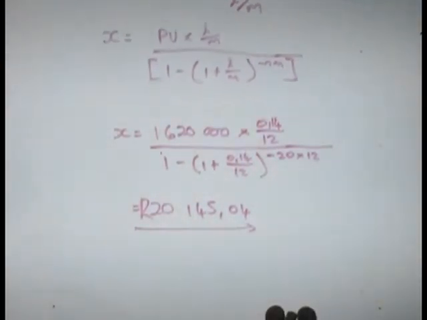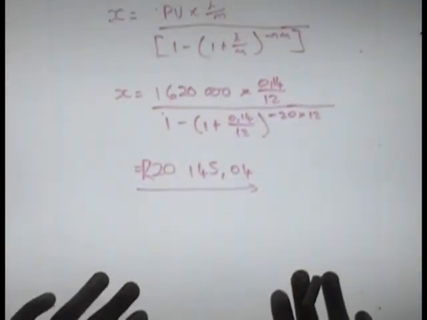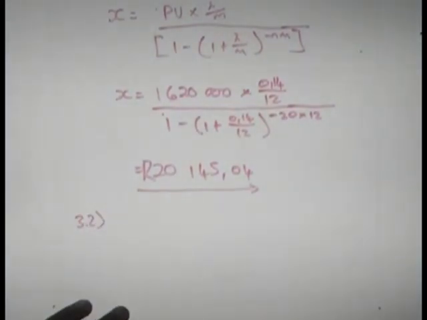The next part of the question, 3.2, asked us: what is outstanding at the end of 10 years? Basically, that means if we wanted to settle this debt at the 10-year point, what is still outstanding? Let us look at that carefully.